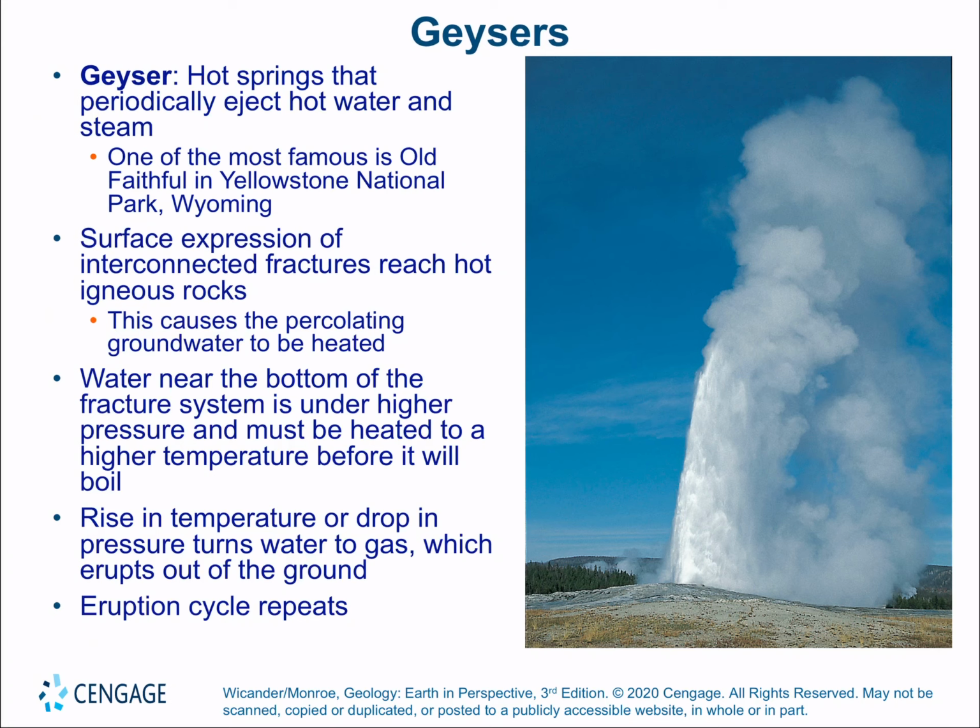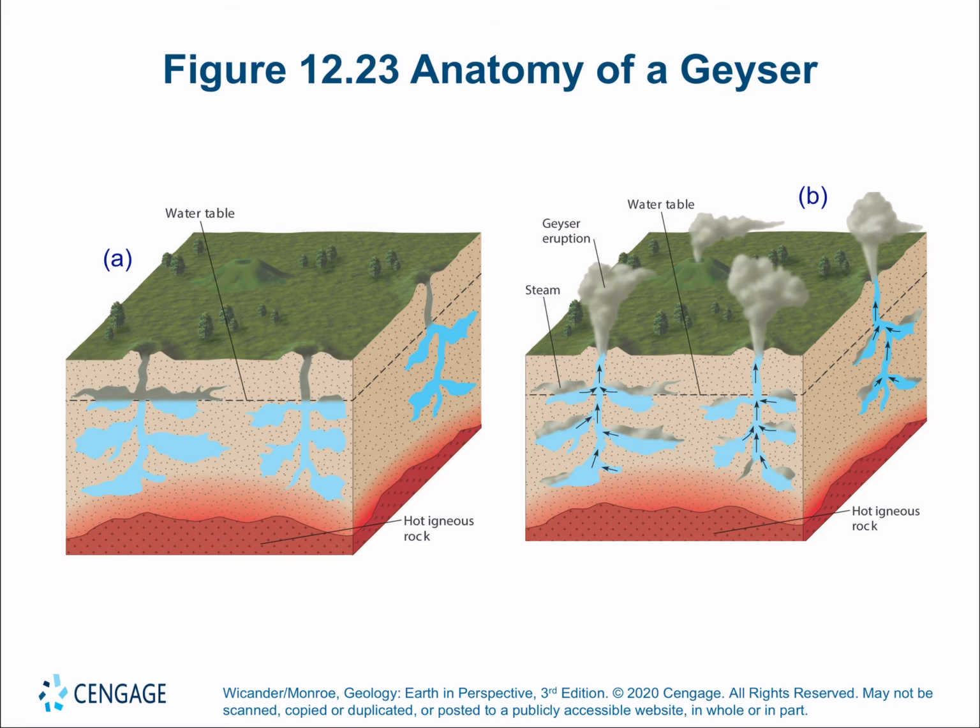That's going to cause that groundwater to be heated. We know hot water is less dense than cold water, so that hot water has to rise. As it rises, it's going to erupt in the form of that steam that you see. So basically, a geyser is like a volcano, but instead of lava, you're dealing with hot water.